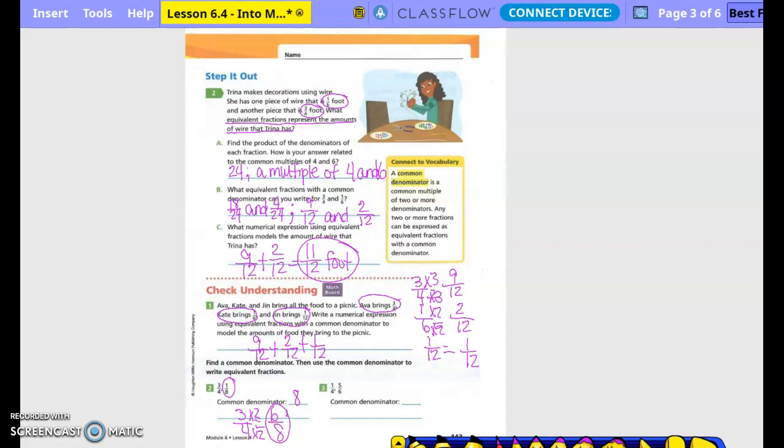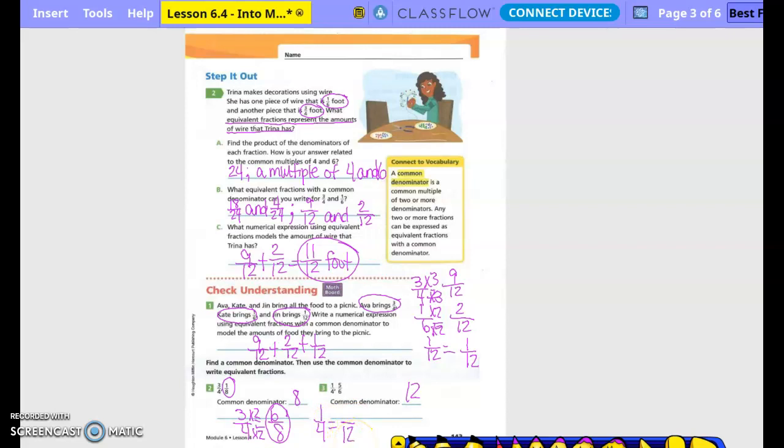Okay, 1/4 and 5/6. What is our least common multiple? 12. Okay. Now, could we use like 24 or something like that? You could, but we know that the least common multiple works the best, right? Okay. So 1/4 equals something over 12.